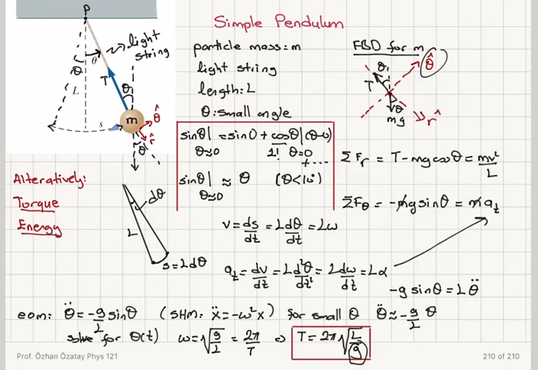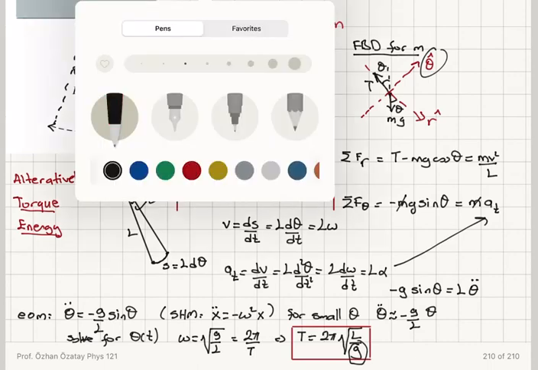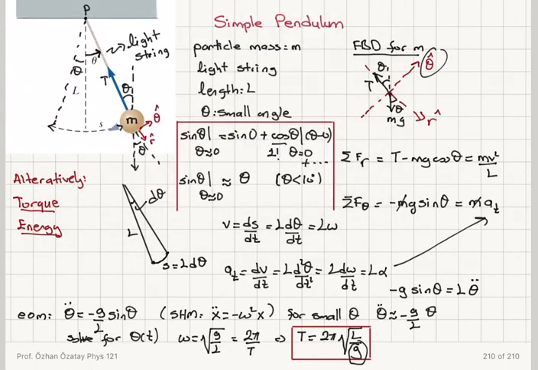Alternatively, we can use torque, and we can use energy, rotational energy, in order to calculate this equation of motion. So you can try this on your own. You can take the torque with respect to point P, and then you can write torque equals I alpha in order to obtain the equation of motion.